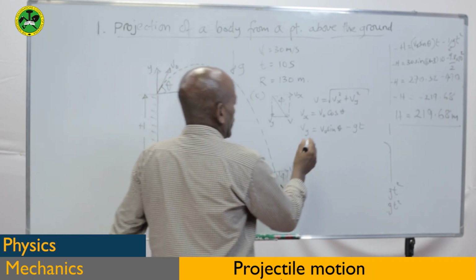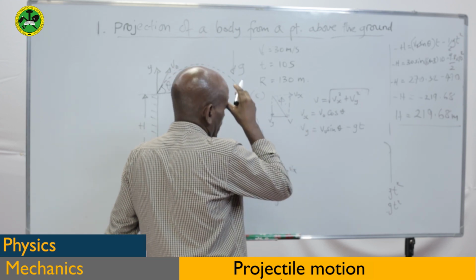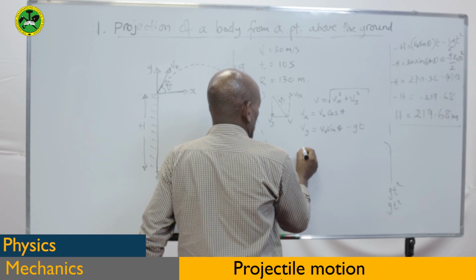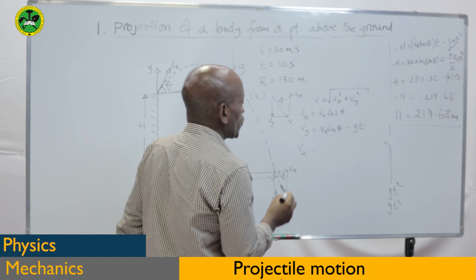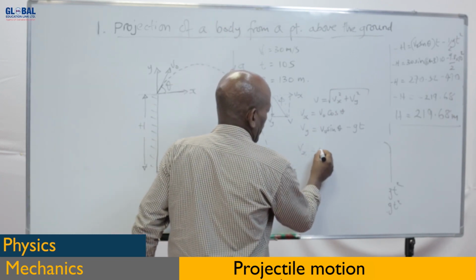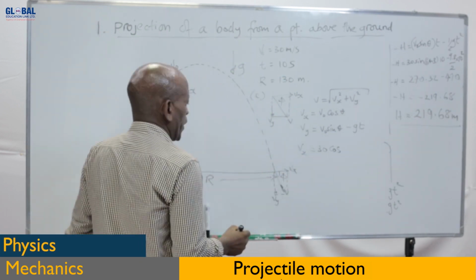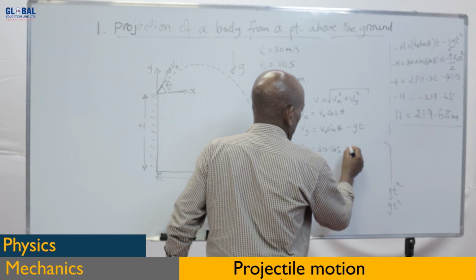Now we can substitute and determine the square of those values. For that case, we can determine what vx and vy are. The vx is v naught cos theta. V naught is 30, and cos theta is cos 64.3.